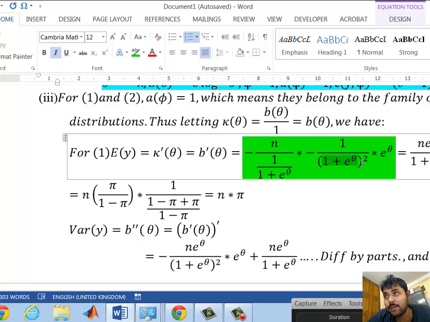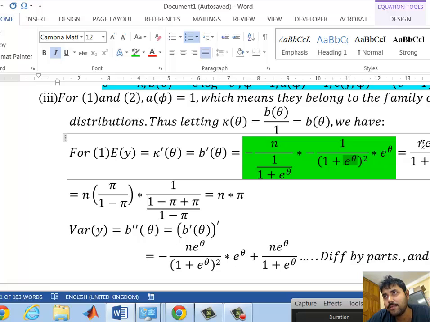Then you look at 1 plus the function in the denominator which you were treating as x to get to this part, 1 by x square, d y d x of 1 by x equals minus 1 by x square. This is basically going elementary to come here, and then this is 0, so you come to the e to the power theta, which is e to the power theta.